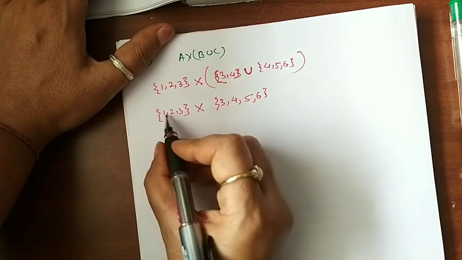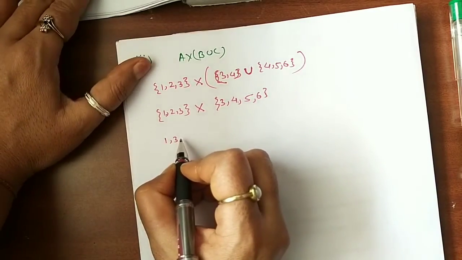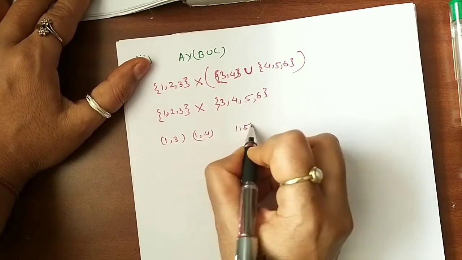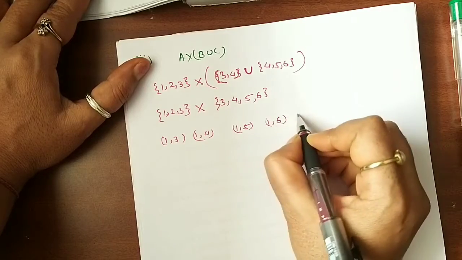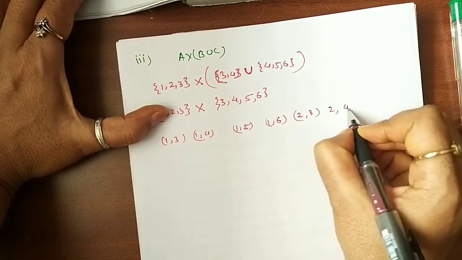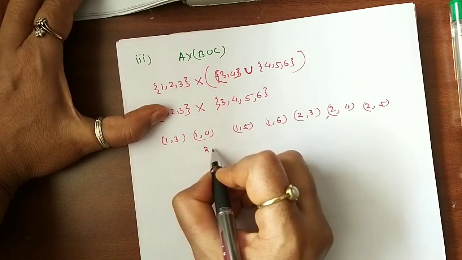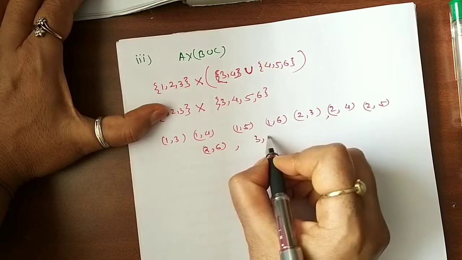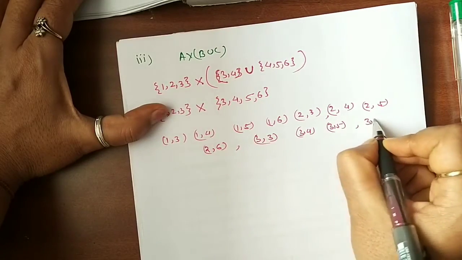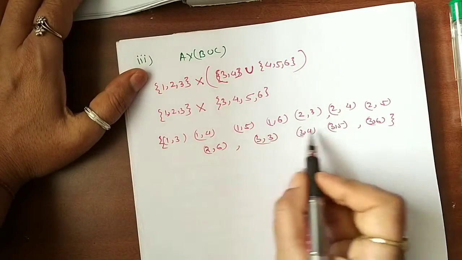When we take the cross product, 1 with 3, 4, 5, 6. So 1 with 3, 1 with 4, 1 with 5, 1 with 6. Then 2 with 3, 2 with 4, 2 with 5 and 2 with 6. Then 3 with 3, 3 with 4, 3 with 5, 3 with 6. I hope you understood. Okay, this is the answer.